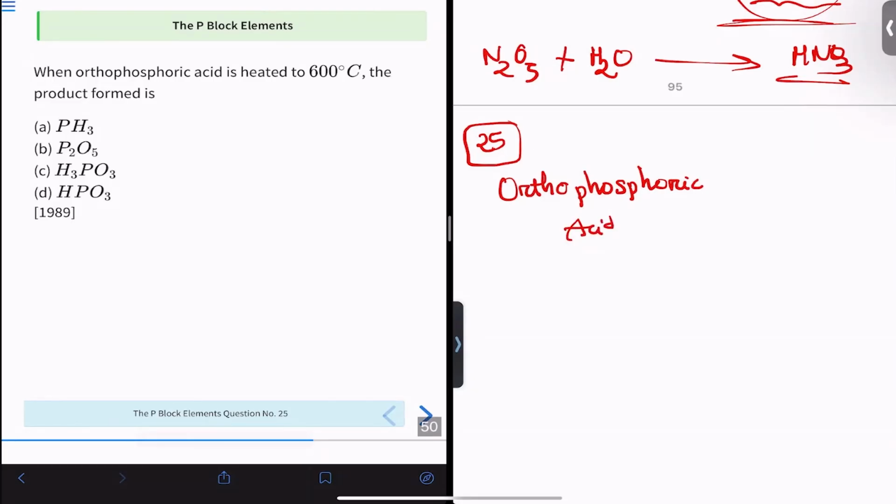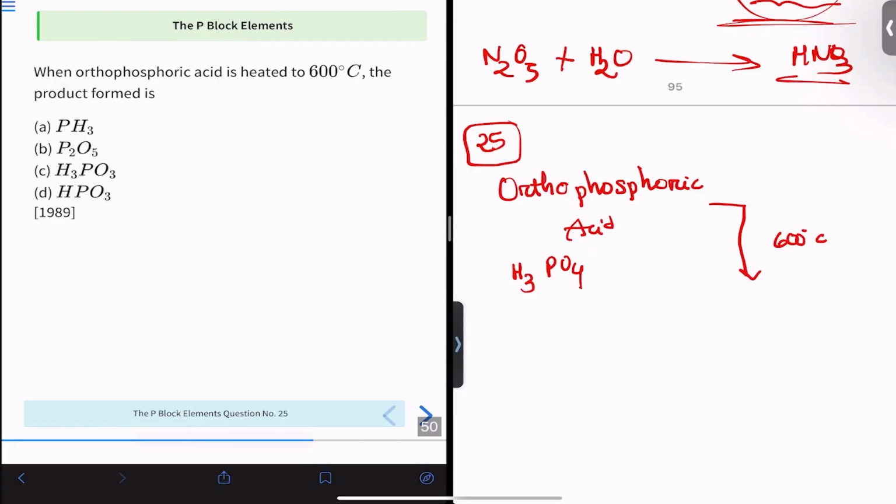Orthophosphoric acid is H3PO4. So when orthophosphoric acid is heated at 600 degrees Celsius, which compound will be formed?